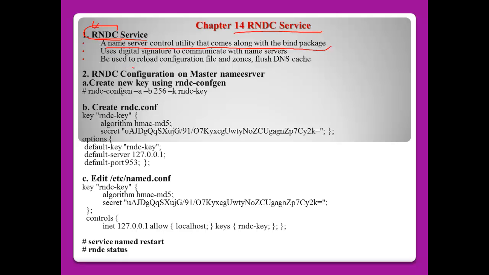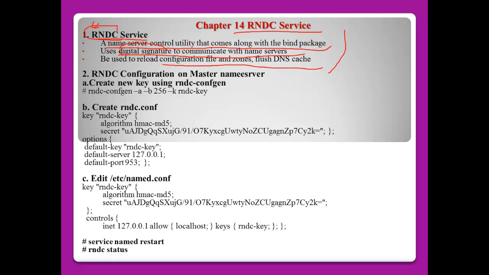So normally we can use this service to control the name server remotely. And RNDC normally uses a digital signature to communicate with the name server. So if we want to use the RNDC service on the slave, in this case, we need digital signatures. It is used to reload the configuration file, zones, flush the DNS cache, and so on.